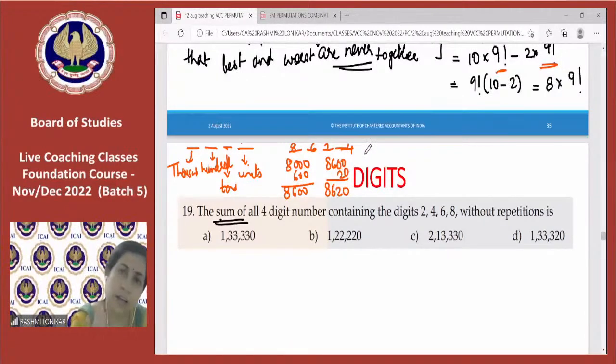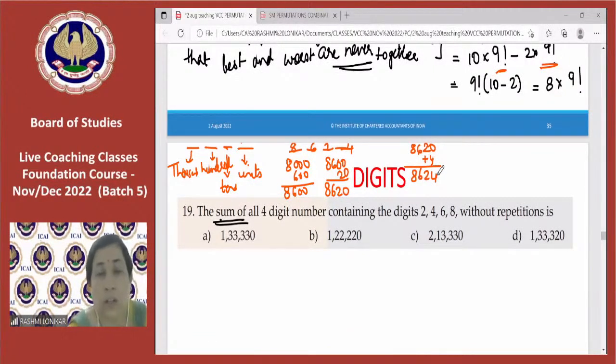So it is the value 4 only. So this is 8620 plus 4. So the number is 8624. Okay. So this is a basic understanding that you must know when I'm showing you the explanation for this, that in what position that number is placed, it is going to carry that value of that position.